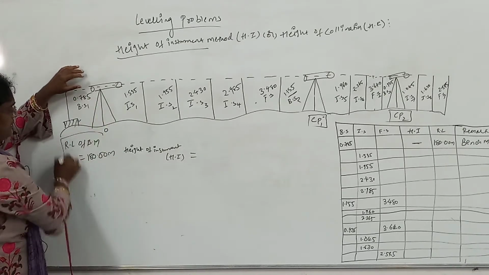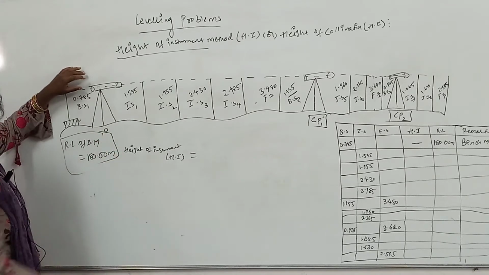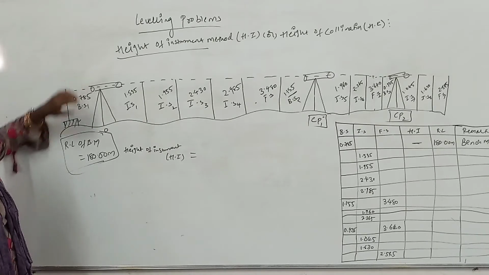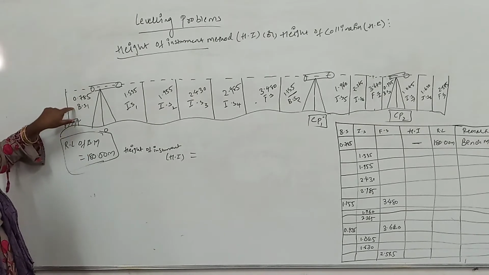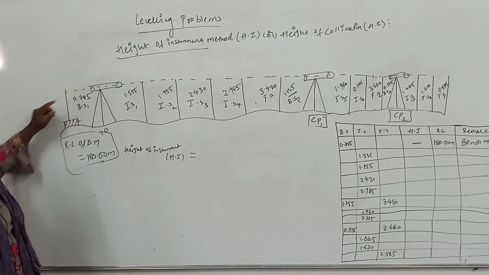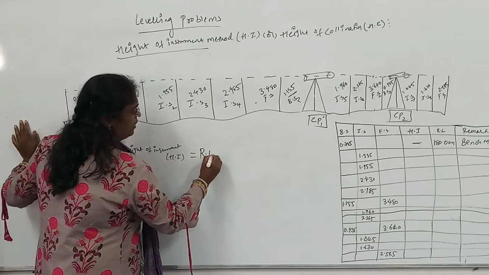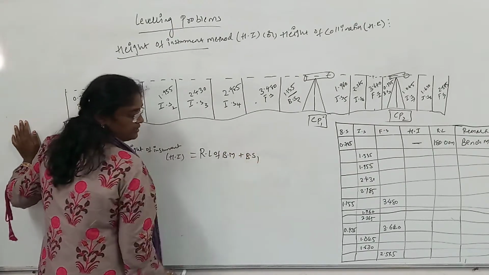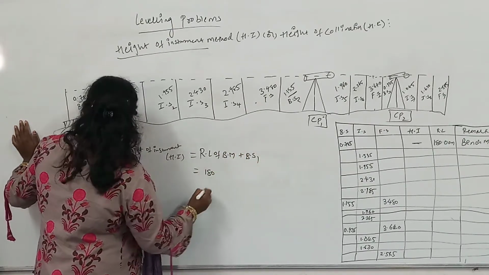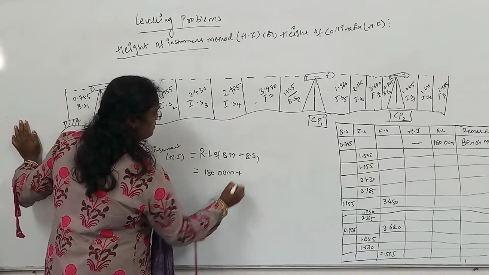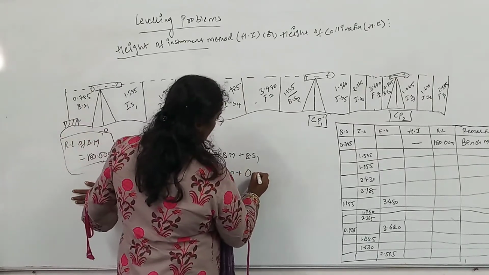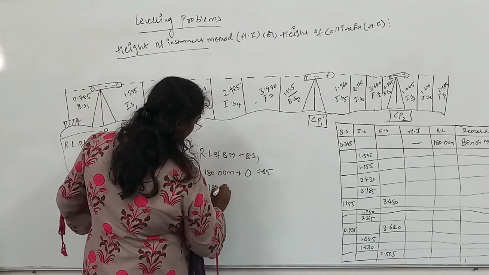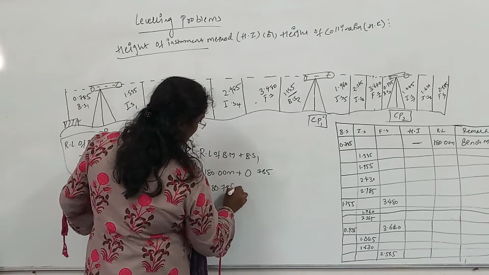It is from the mean sea level at what height you are. Our ground level is 180.00, and on that we have taken the backside. So RL of benchmark plus backside 1: 180.00 meters plus 0.785 gives you 180.785 meters.